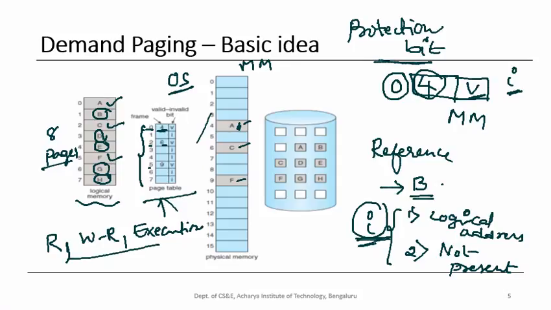So you can have one more bit, another protection bit, which will tell whether the process has the privilege to only read, or read and write, or only execute that page. Okay, so these are some of the ways of providing memory protection, in addition to relocation register and limit register, all that we discussed in previous classes. Okay.